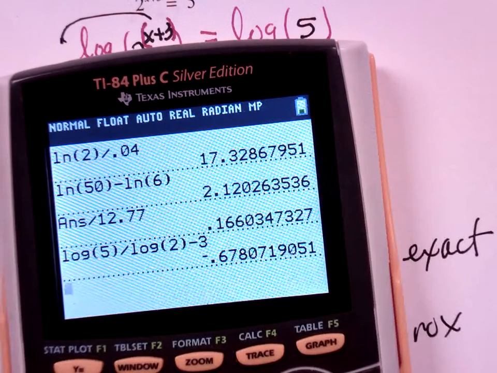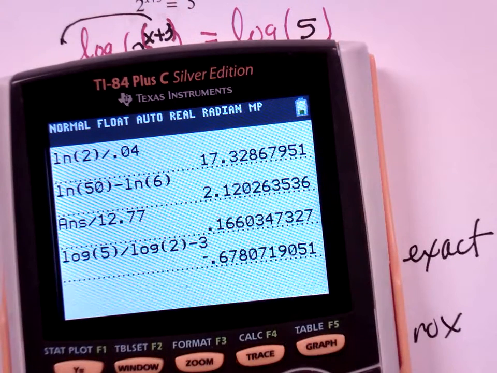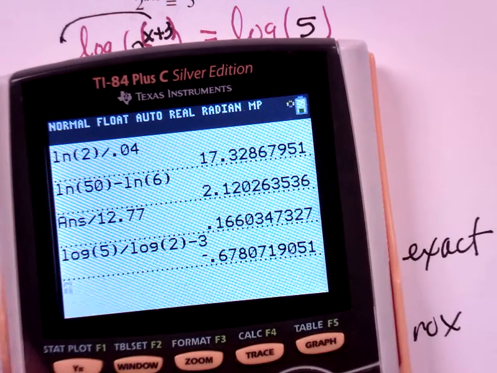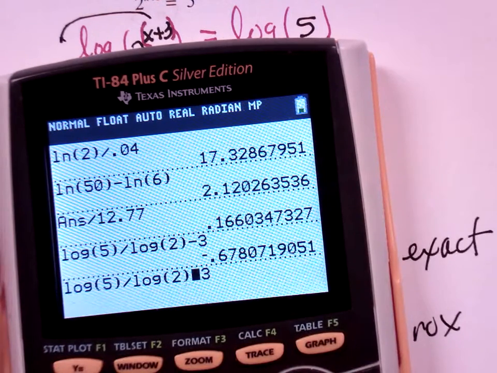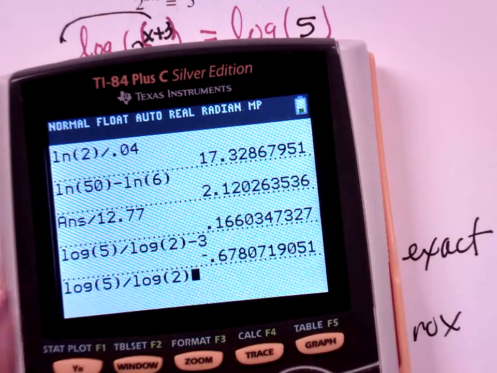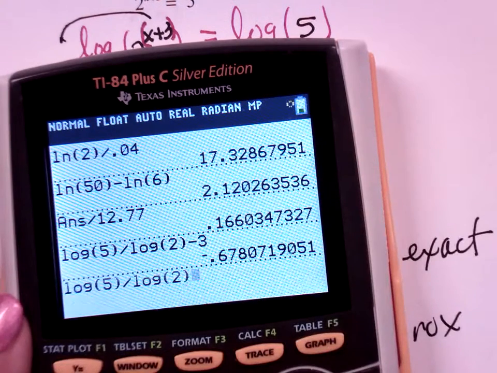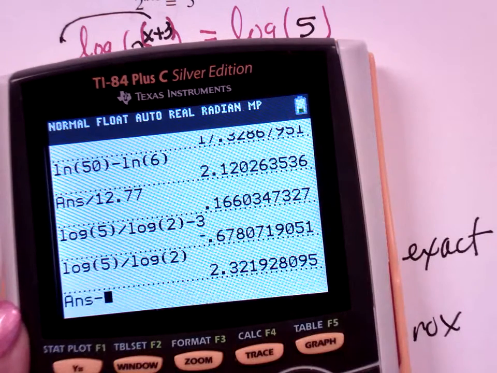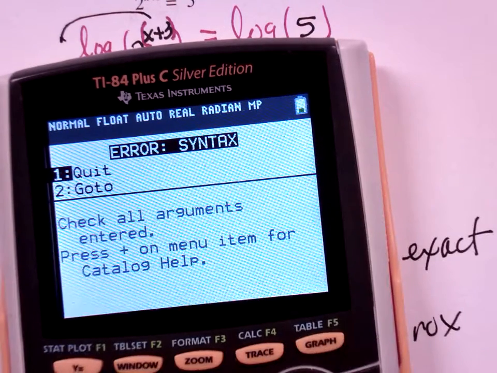If I don't have the right parentheses in, I'm going to get the wrong answers. Personally, what I probably would do is I would do that first and then subtract 3.